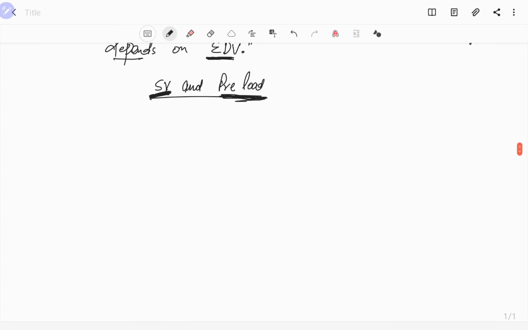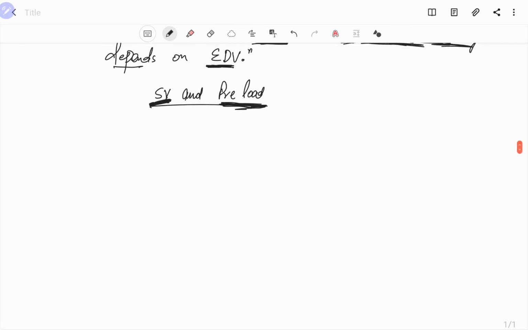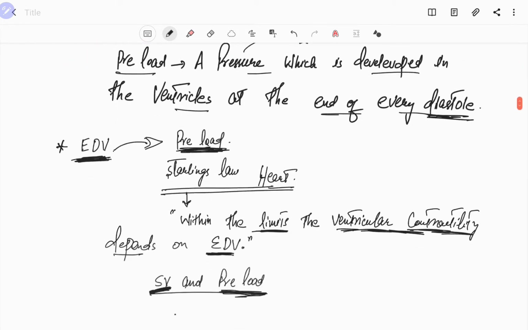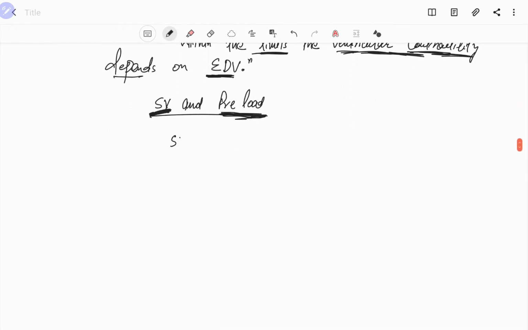As you have already seen, stroke volume is directly proportional to preload.